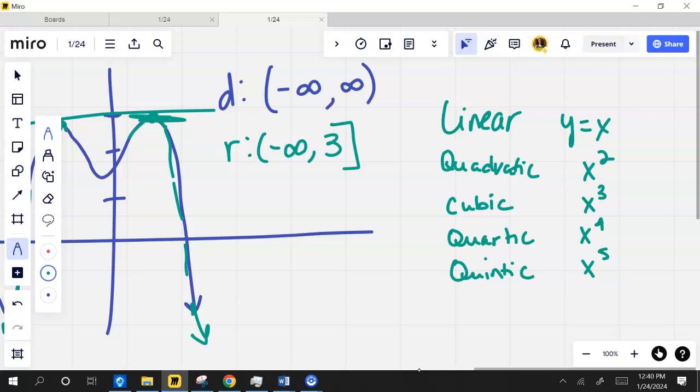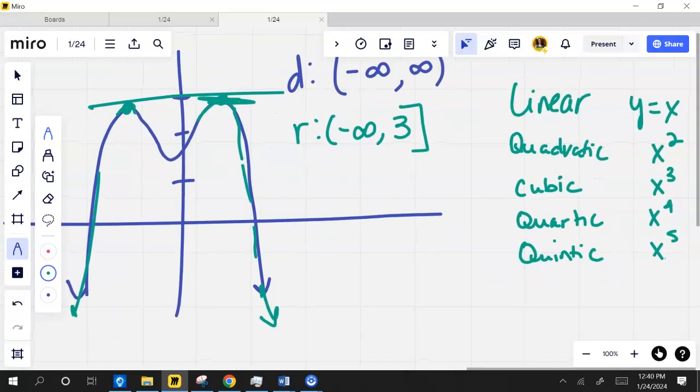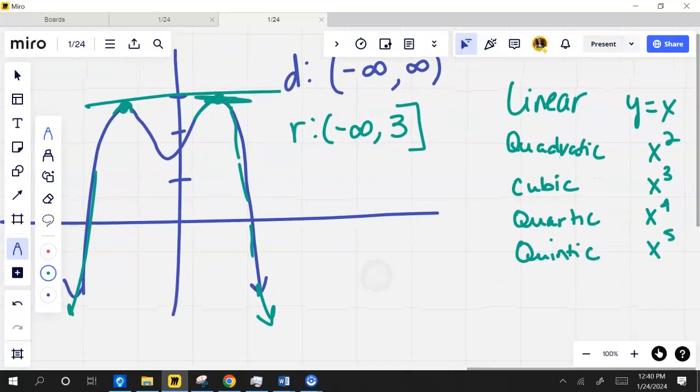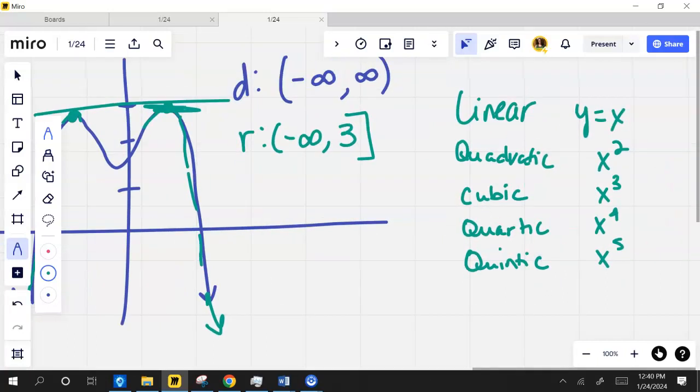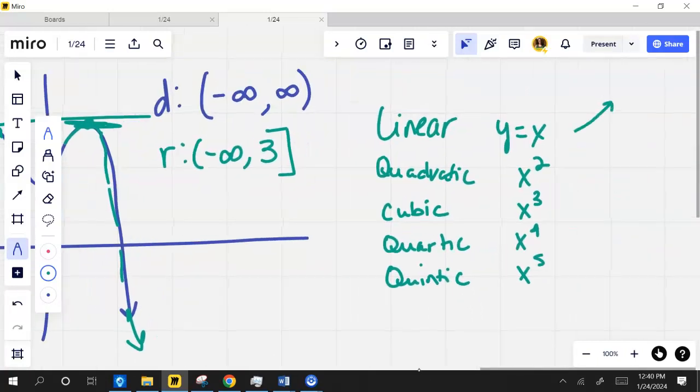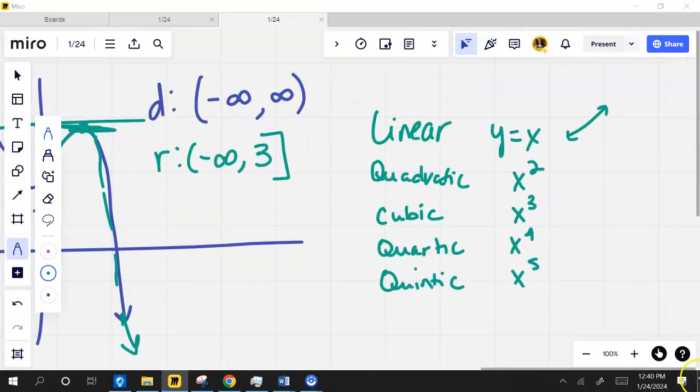So how do I know that this one's a quartic? I looked at the number of humps on it. Remember, the way these look, linear looks like that, right? That's a parabola, that's a quadratic, right? Cubic does this.